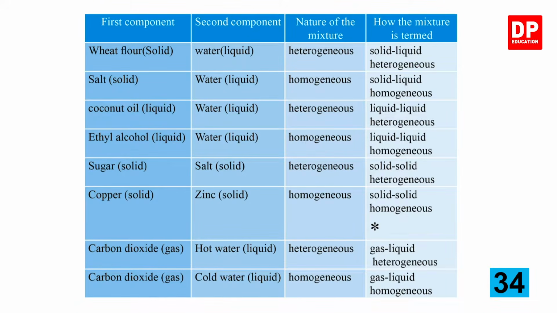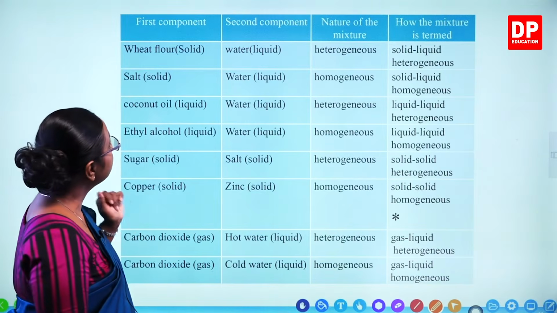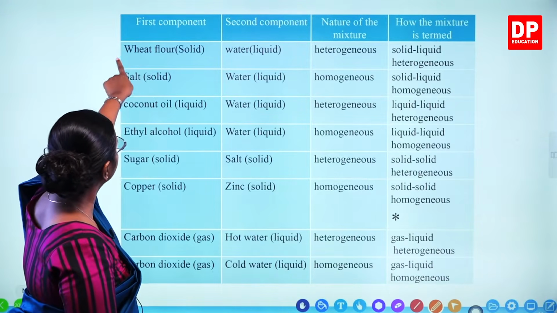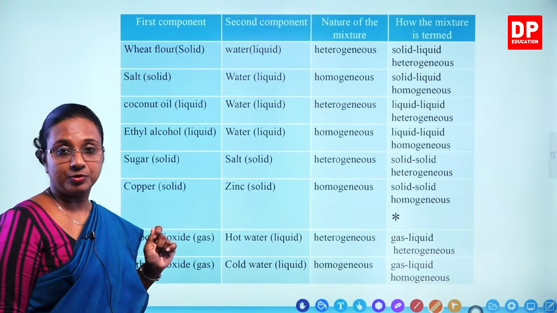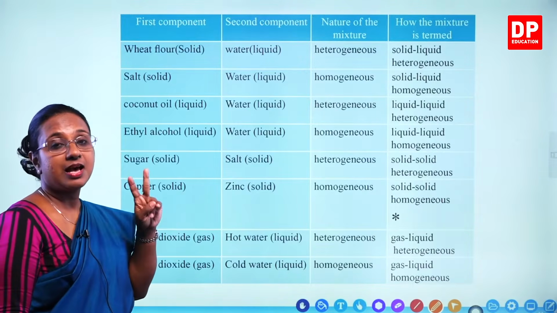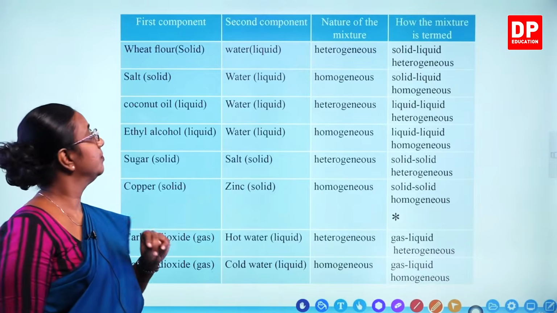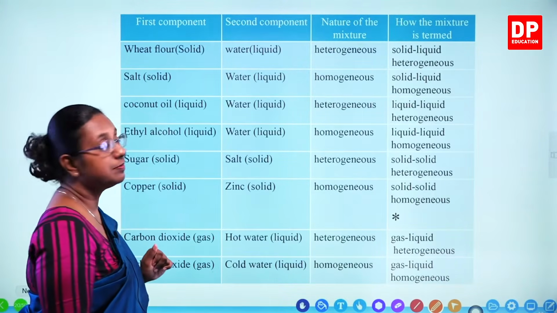So here, this is a table that contains some mixtures. In the mixtures, they have given you the first component and the second component. So that means there are at least 2 components present in the mixture.